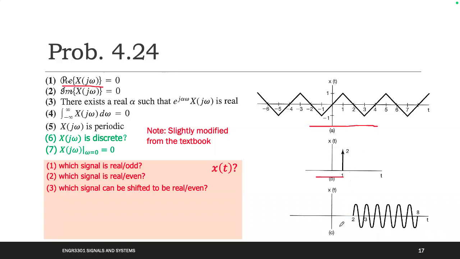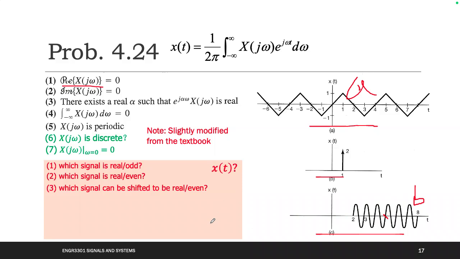How about this one? Actually, you can see if you shift this one like this, then it will be odd. So it is A, and this is B.